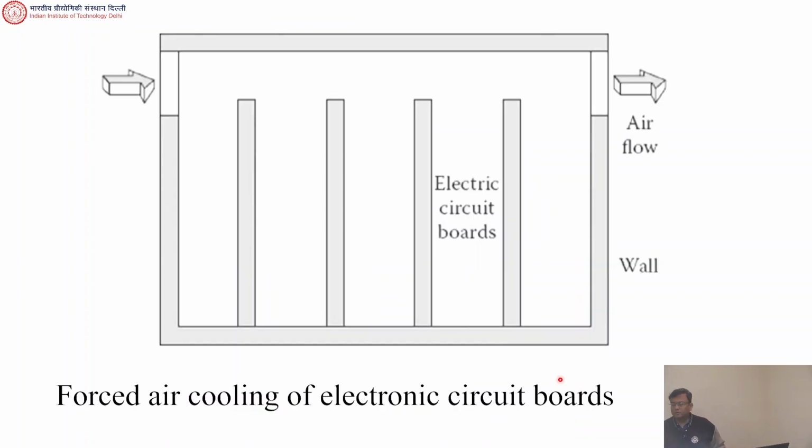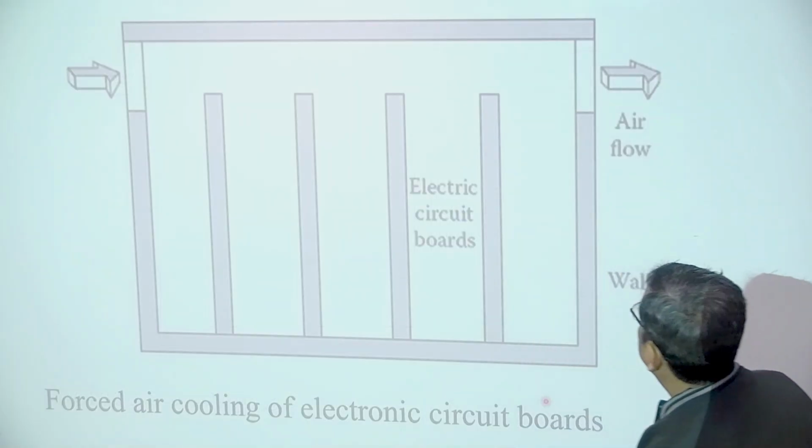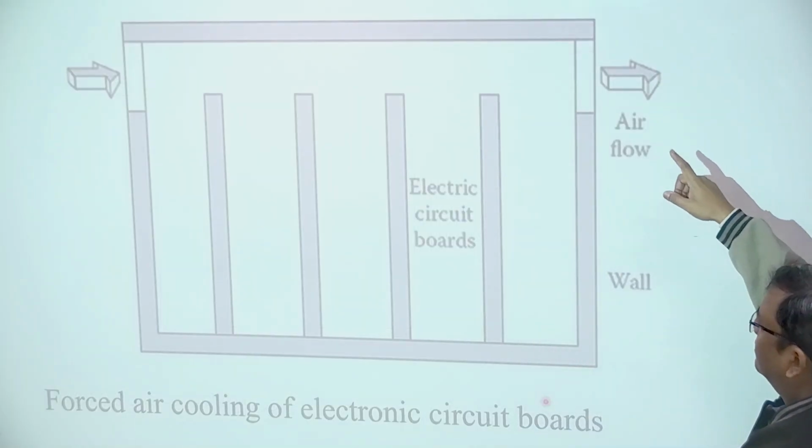This is another problem which we indirectly saw last class itself, where we need to cool electronic components. There can be electronic circuit boards, stacks of them, and you can cool this with the help of airflow.